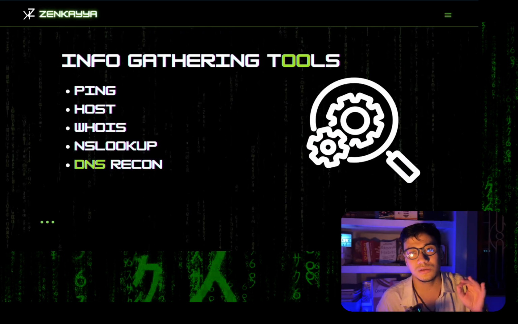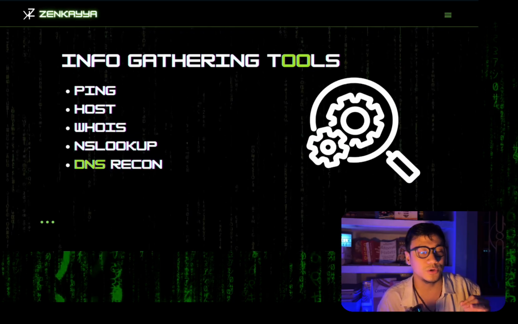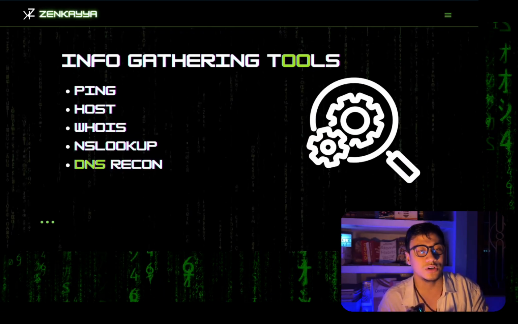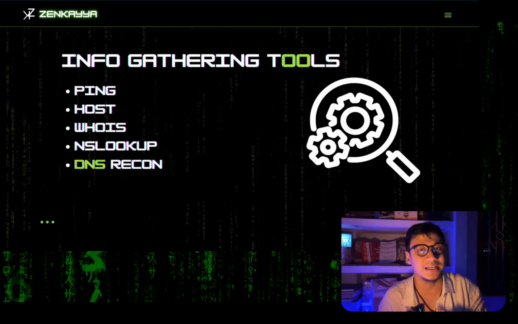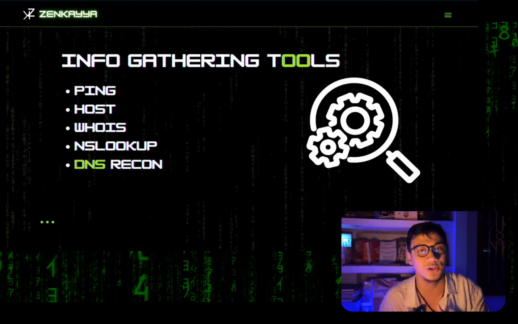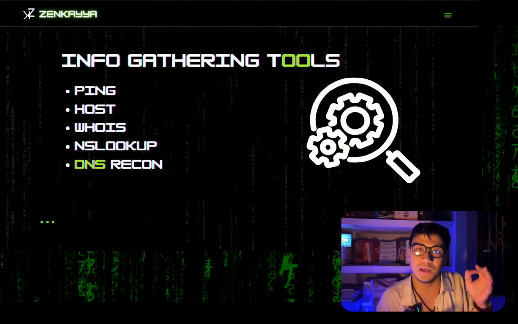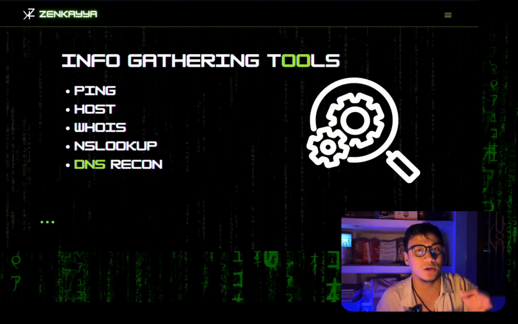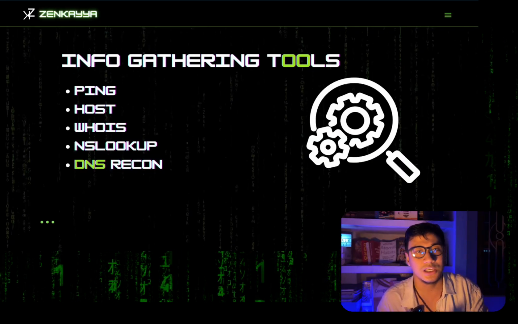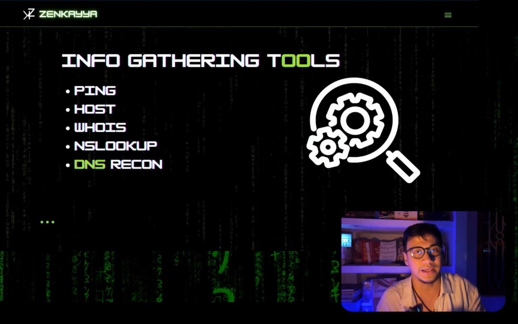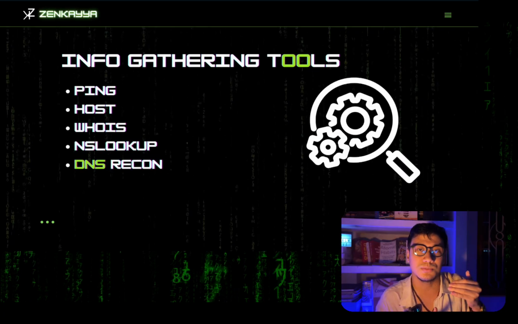This class, or this video, is very important for the information gathering part. I hope it is clear to you. If you are not clear, you can just rewatch the video, and make sure you practice whatever I have done. If you are not practicing it, you are not going to learn ethical hacking. In ethical hacking, practice is a must.